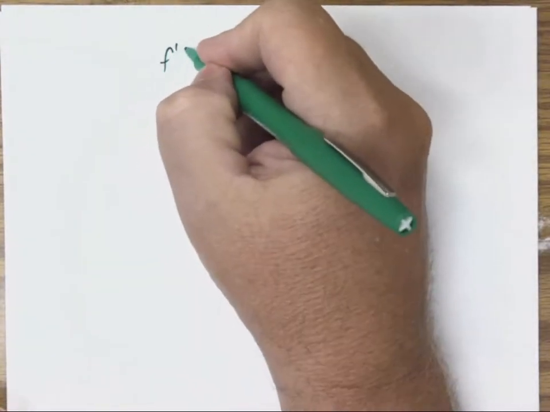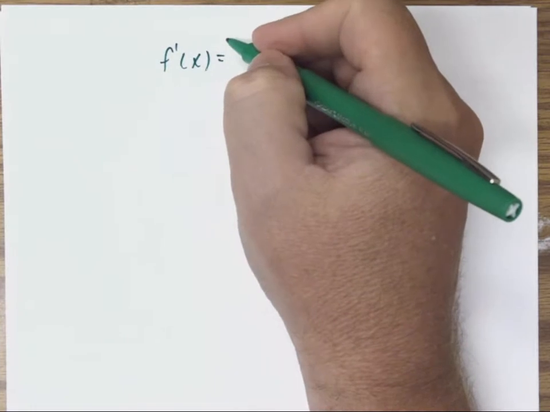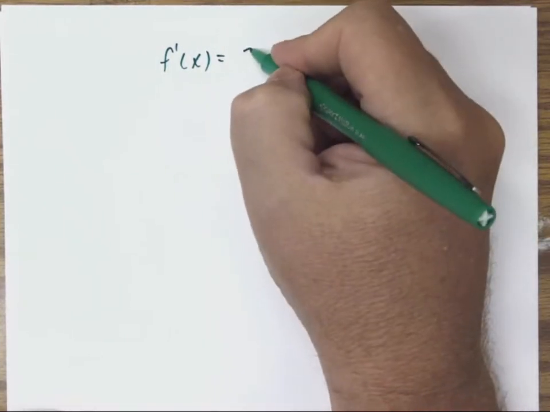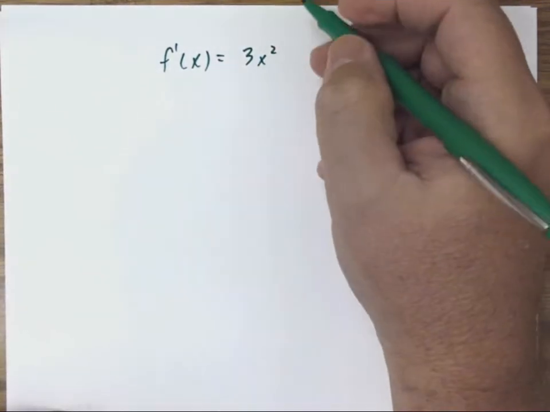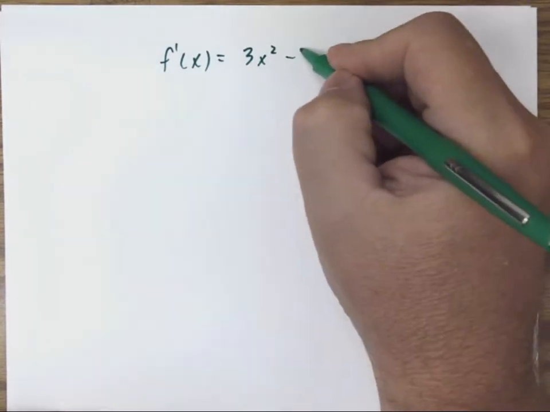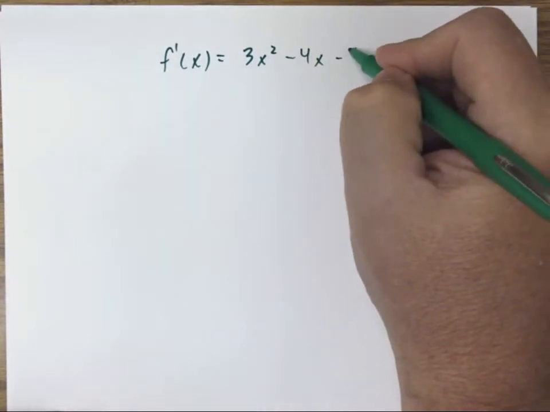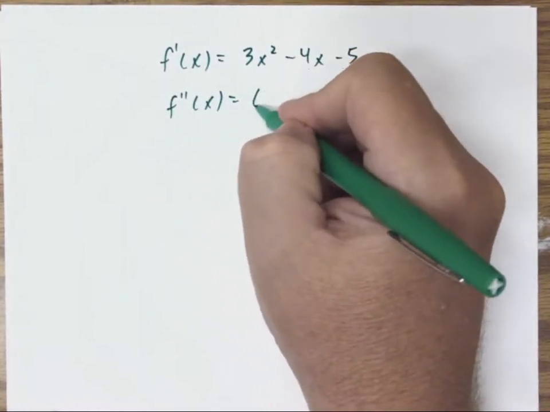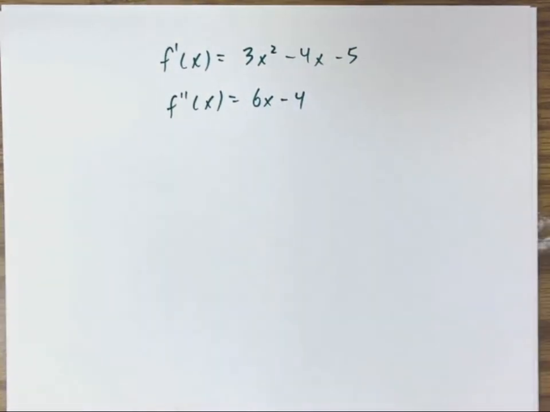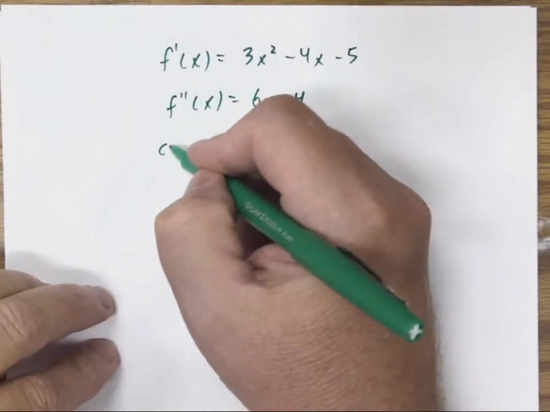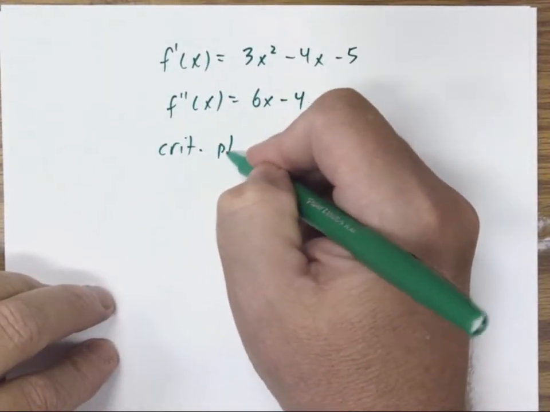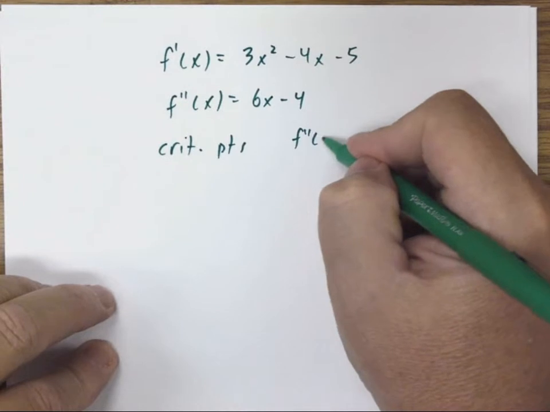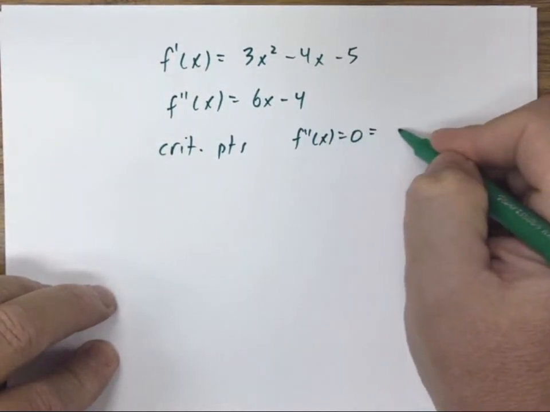So let me write the first derivative here, so I have it in front of us. Let's take the second derivative. Pretty straightforward. Now, once again, the second derivative tells us about the concavity. To find critical points of the second derivative, we do the same kind of thing. We set it equal to 0.